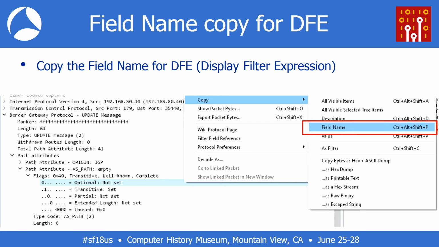I sometimes forget the shortcut, but it's very useful when you use Wireshark in the graphical version, using shortcuts to be a faster troubleshooter, or to find the needle in the haystack very fast. And this field name, we will use it. I will make a demo right now or later on. It's very useful.